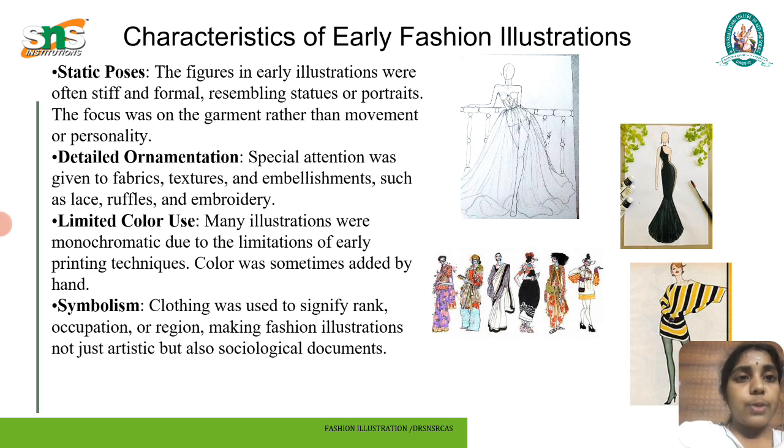Limited color use. Many illustrations were monochromatic due to the limitations of early printing techniques. Color was sometimes added by hand. Symbolism. Clothing was used to signify rank, occupation or region, making fashion illustrations not just artistic but also sociological documentation.